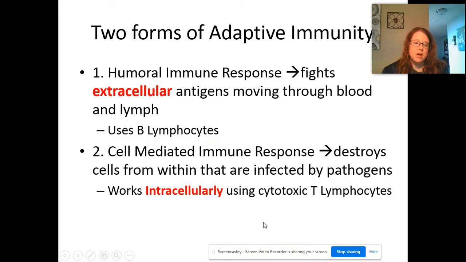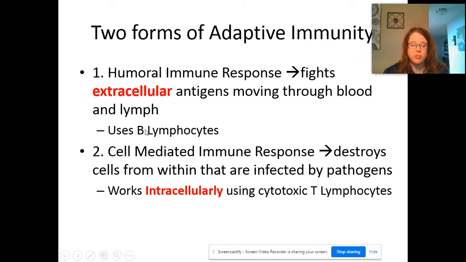Okay. All right, so again, humoral response, we're fighting extracellular antigens. So these pathogens are outside of the cell. They have not gotten into a cell yet, and they're just moving through blood and lymph. So they're trying to get to cells, but hopefully a humoral response can get to them before they get to that point.